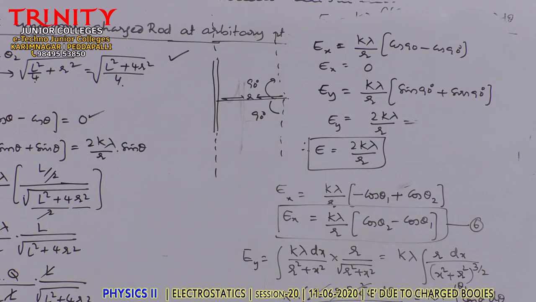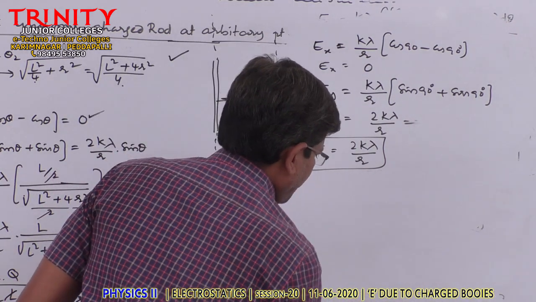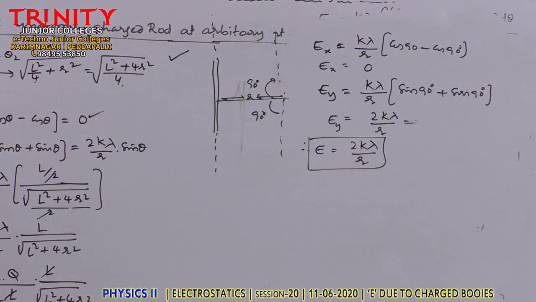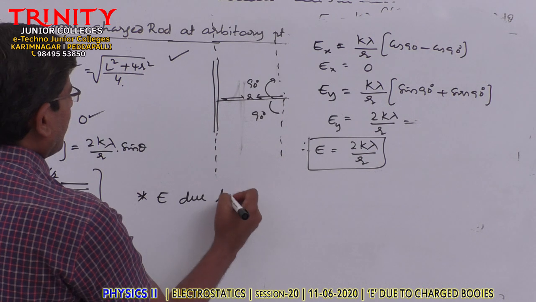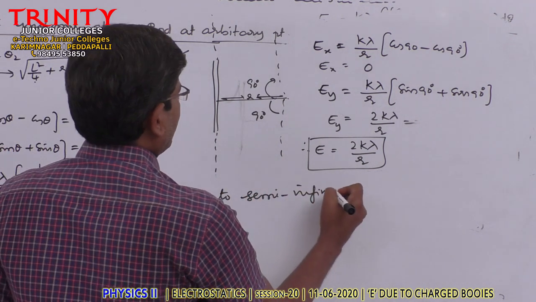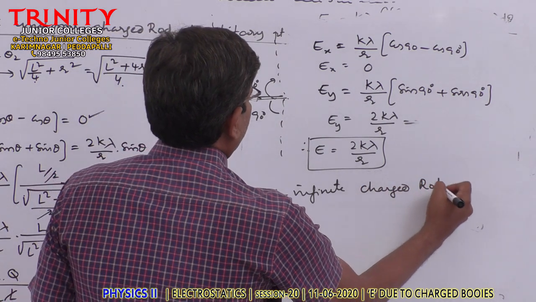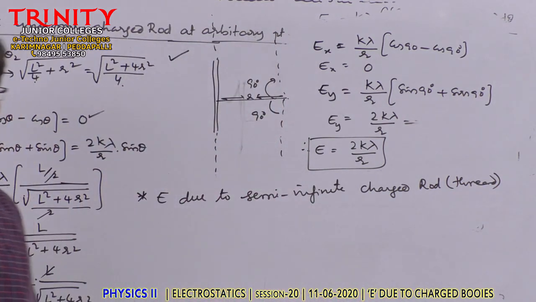And one more important point I would like to mention here: without derivation I am going to give the next answer, that is E due to a semi-infinite charged rod or thread. Without derivation we can make this out from the previous derivation.